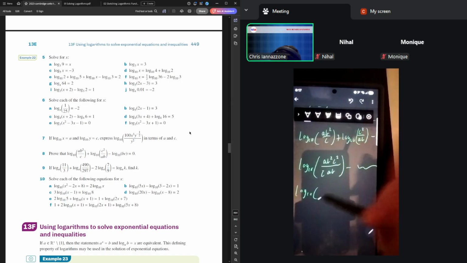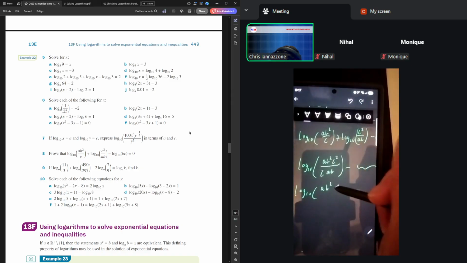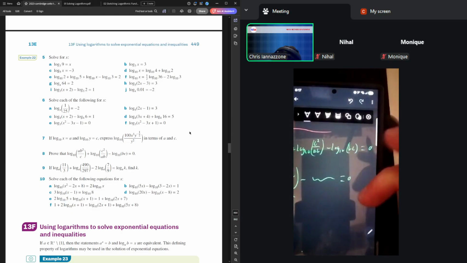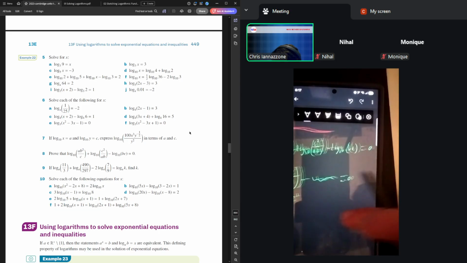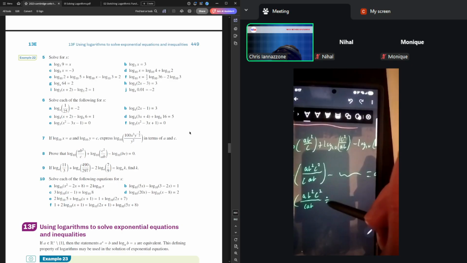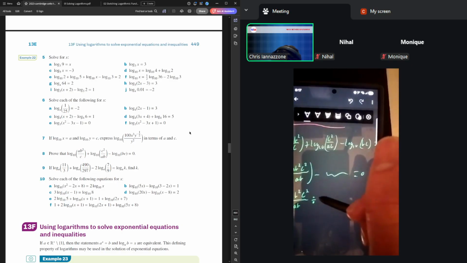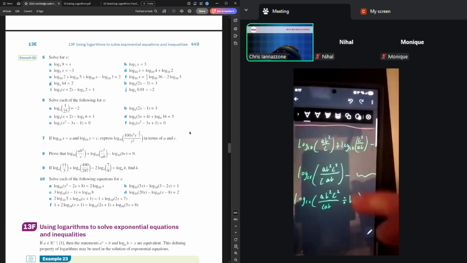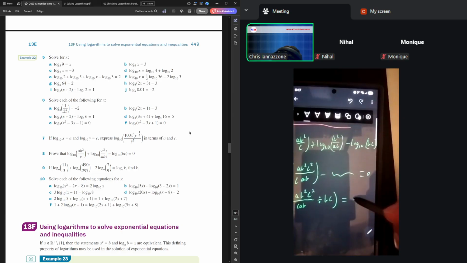Log 10 is going to have the a, b squared, c squared from before. It's minus this one, so it's going to be a division of bc. And this should equal 0.